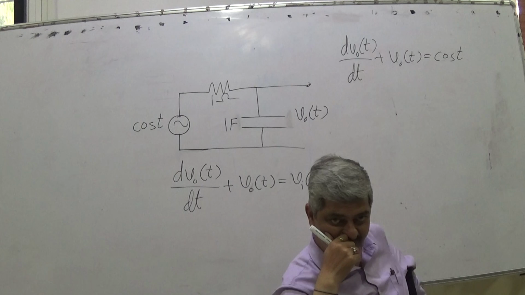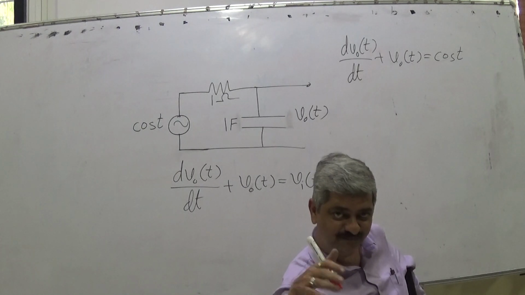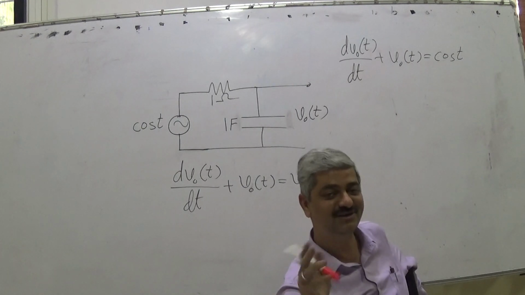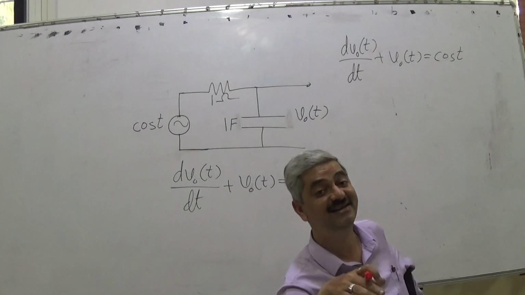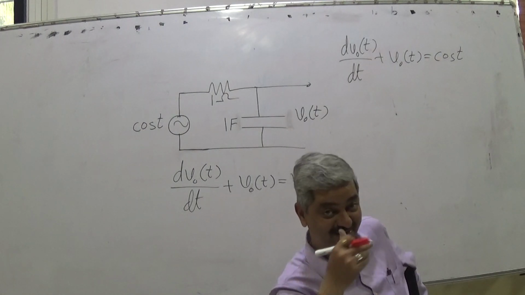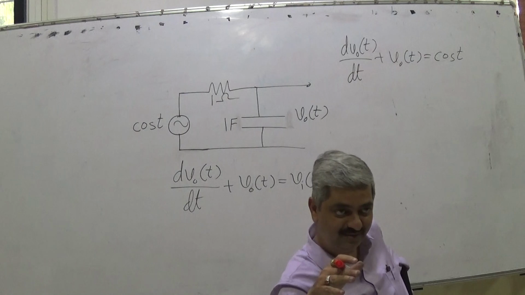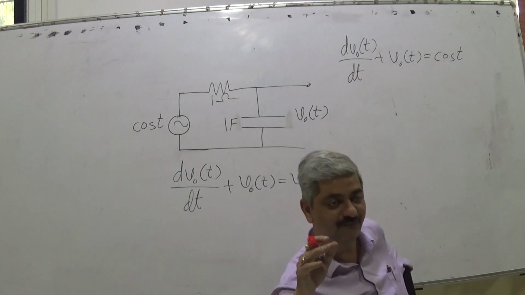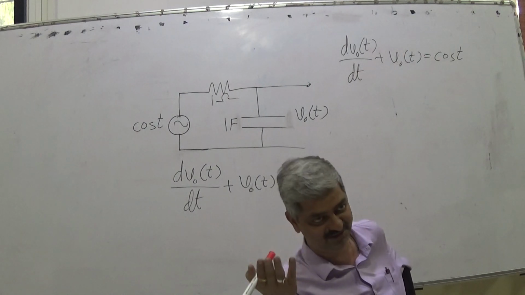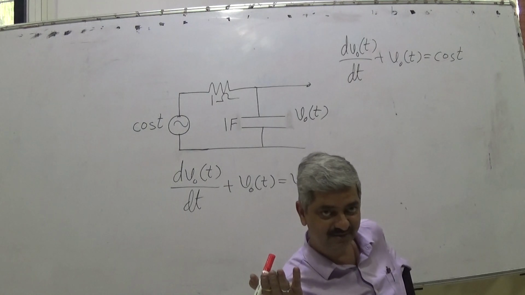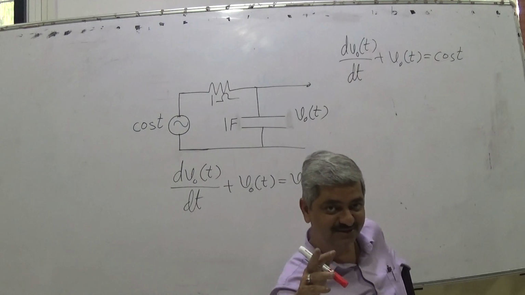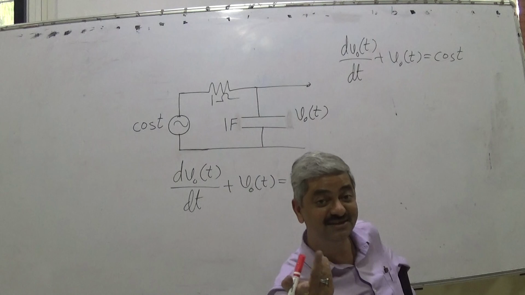But even though there are infinite solutions, it's not that it doesn't have any solution. Out of the possibility of infinite functions, a few functions are solutions and others are not.